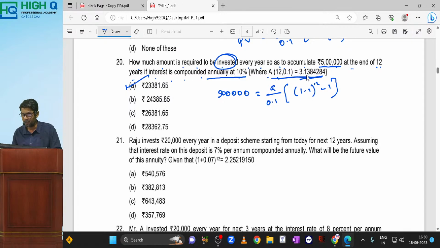Sir, then what is the purpose of this, sir? What is the purpose of this? I will tell you the purpose of this. Actually, that is the reason I use the formula also. Now, find 1.1 whole power 11.